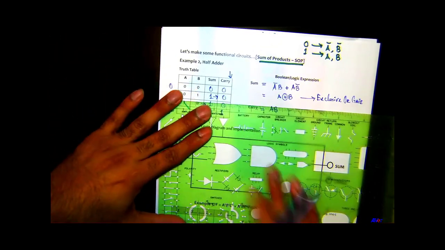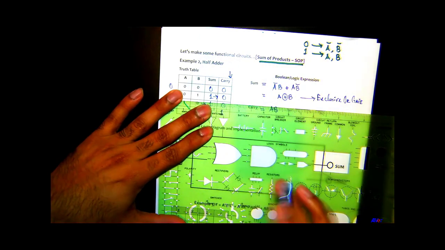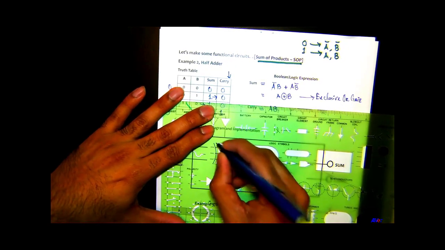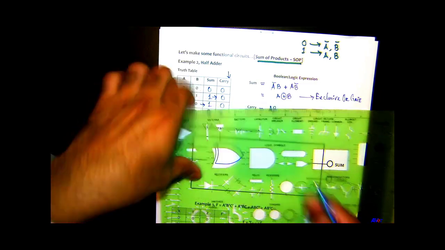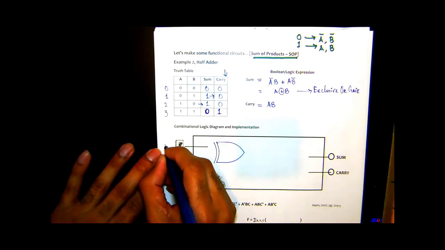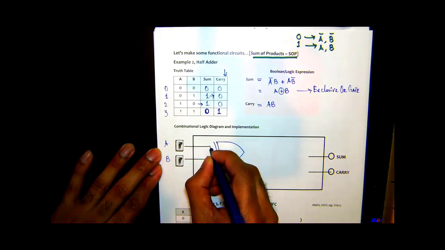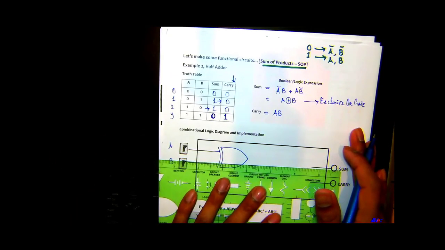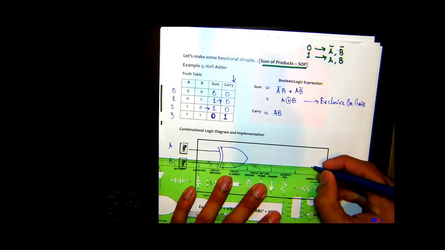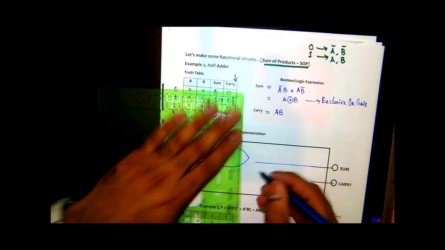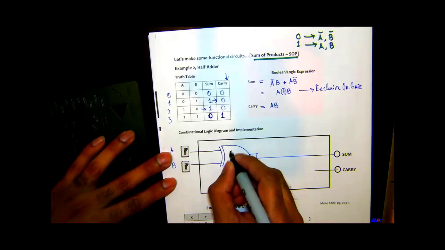Okay. So here. Say this is my switch A and this is my switch B. Go in here. And this is actually sum, so I will just connect this to an exclusive OR gate.